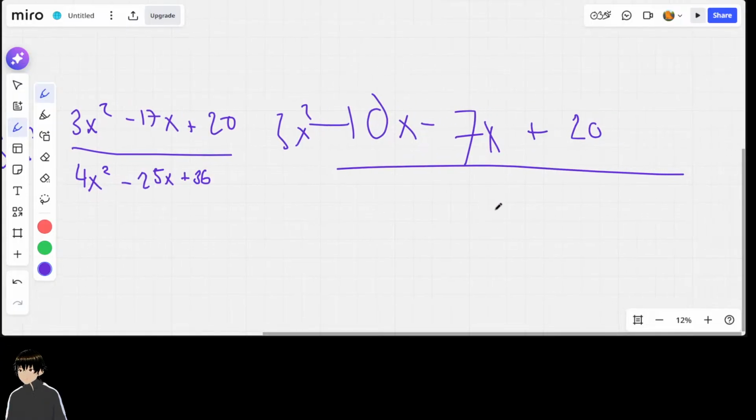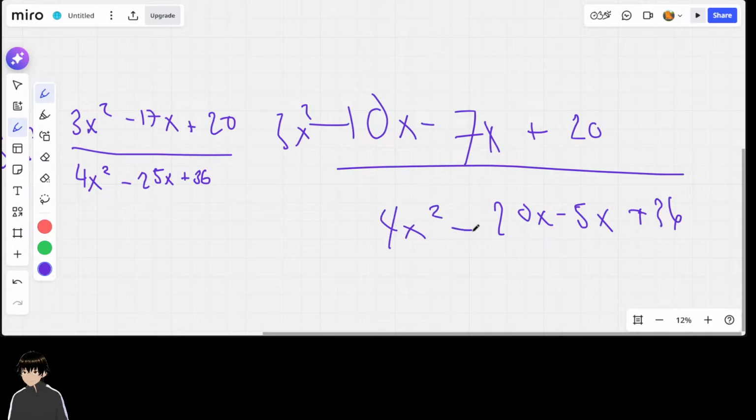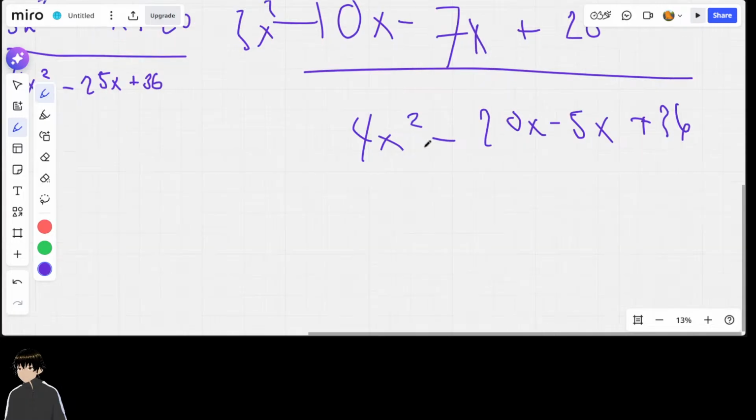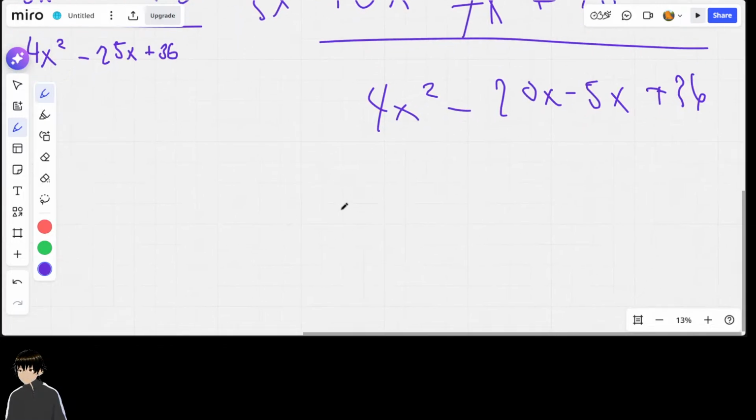And let's try 20x minus 5x plus 36, with 4x squared. So 4x squared can be like this, 4x and 4x here.